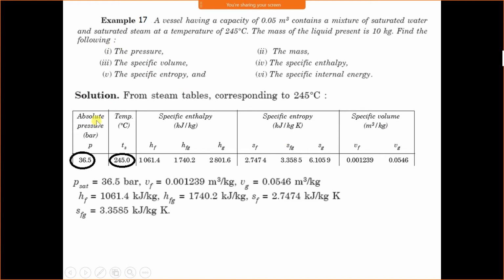First is pressure: the saturated pressure at 245 degrees Celsius is 36.5 bar. Then mass we have to calculate.